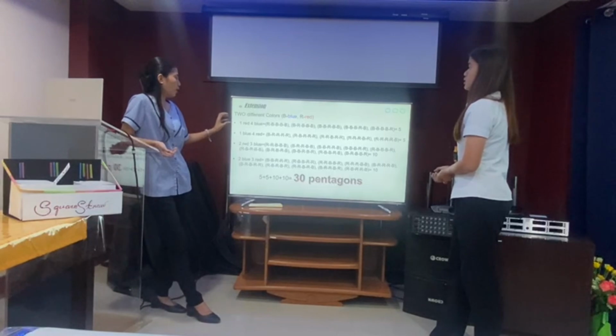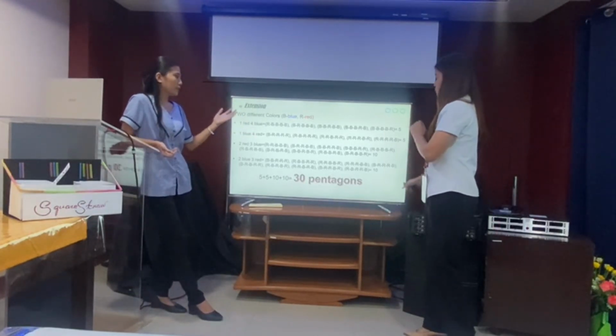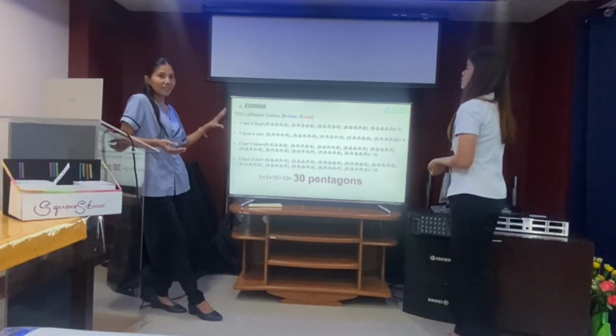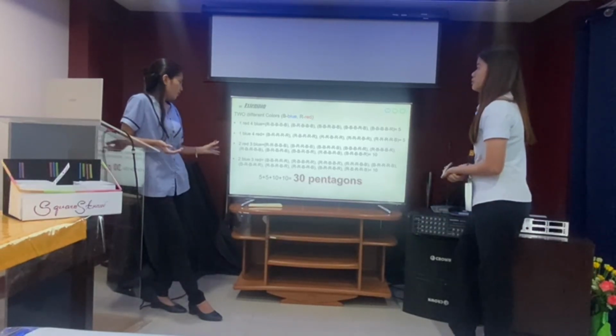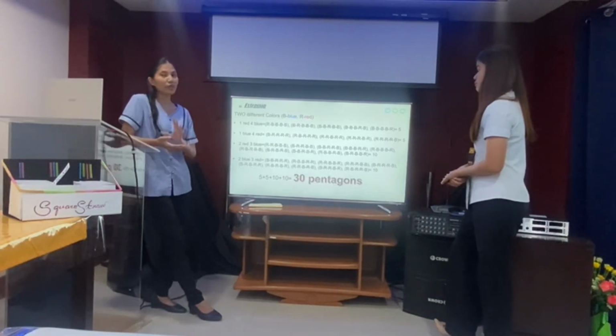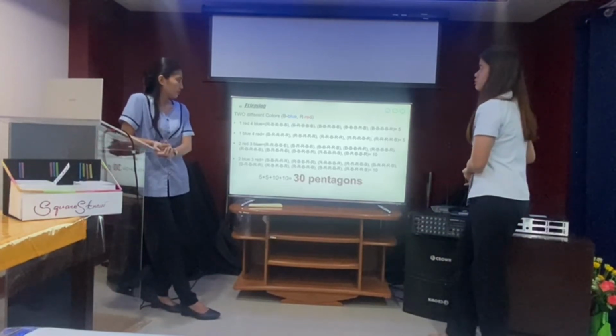If we have 1 red, 4 blue, the unique pentagons will be 5, and of course 1 blue, 4 red is also 5. If 2 red, 3 blue, we will have 10, and 2 blue, 3 red, we will have 10. So all in all, we have 30 pentagons.